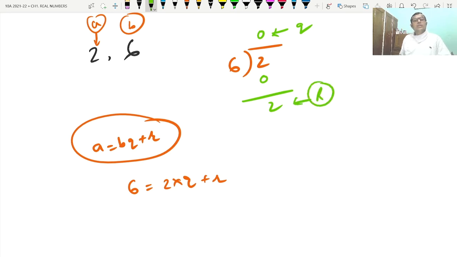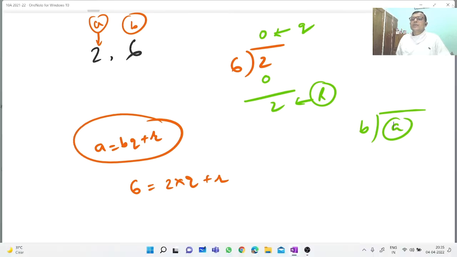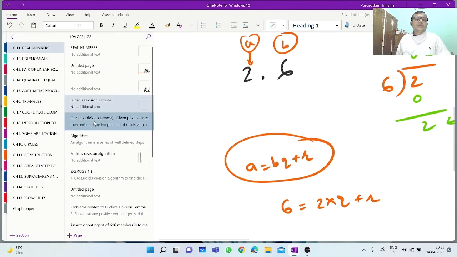It is true for any two positive integers, be it small or big, it doesn't matter. Generally we take a as the bigger number, the dividend, and b as the divisor. So I think Euclid's division lemma is clear to you.